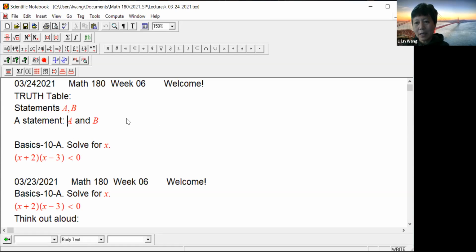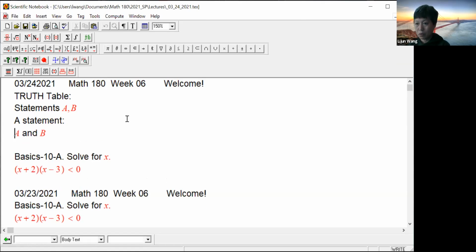For example, the first statement I would say, A, the domain of sine is all real numbers. My second statement, B, I would say the range of sine is all real numbers. But when I say A and B, what does that mean? I'm saying the domain of sine is all real numbers and the range of sine is all real numbers. Do you guys follow me? So that's two statements.